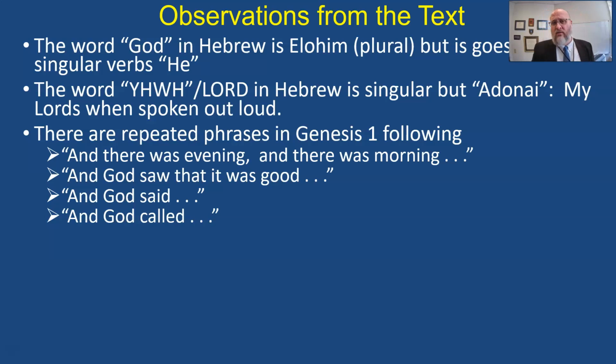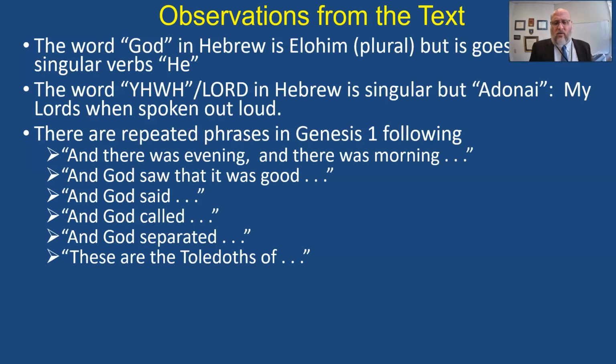God called things, that is, he named them. And when Adam is naming the animals, he's doing kind of a godlike thing. What's going on there? This phrase, God separated: light, darkness, waters above, waters below. What's going on? 2:4, "these are the Toledoths," these are the generations of, and usually that Toledoth is like giving birth to something.